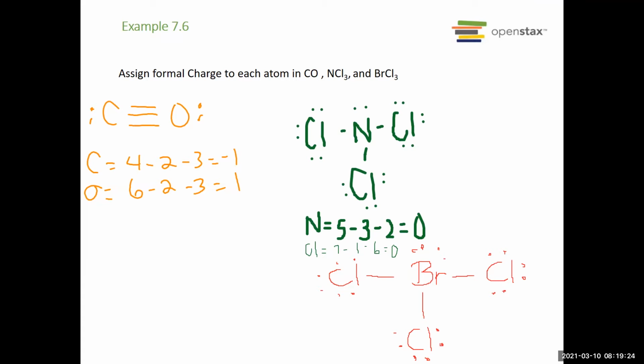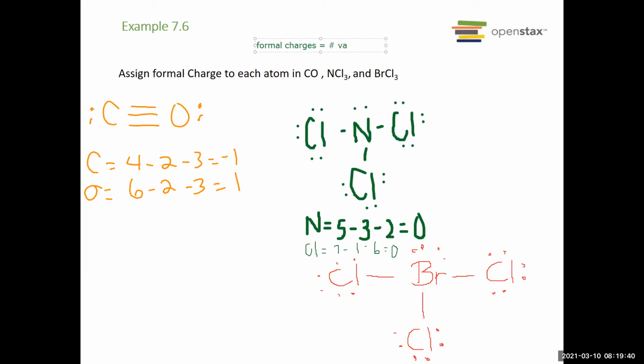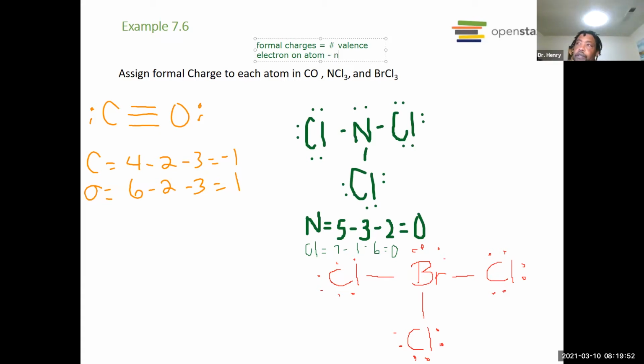Okay, so formal charge equals the number of valence electrons on the atom minus the number of lone pair electrons, not lone pairs but the lone pair electrons, minus the number of bonds.